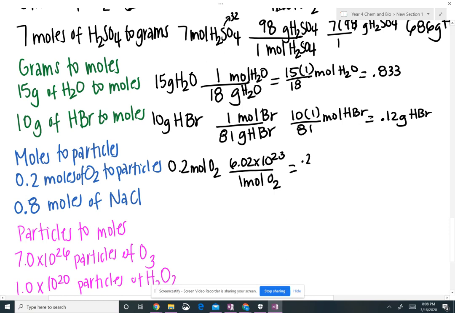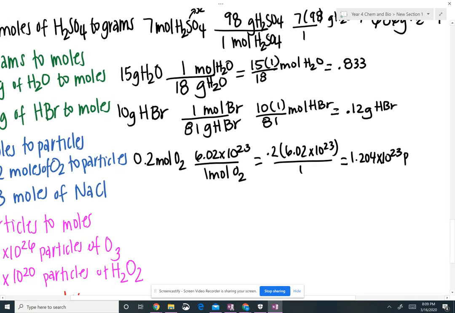So this will be 0.2 times 6.02 times 10 to the 23rd, divided by 1, and you should see that I get 1.204 times 10 to the 23rd particles.